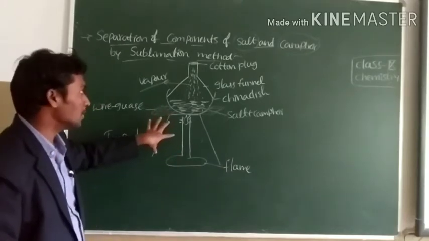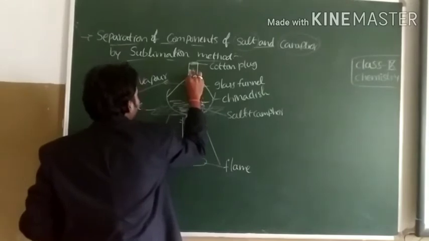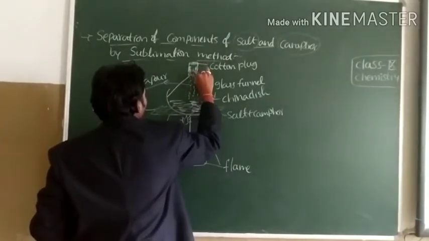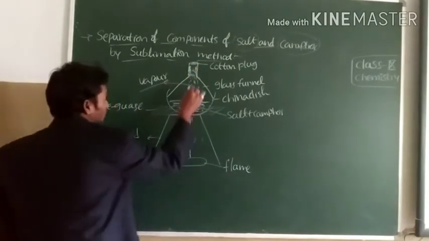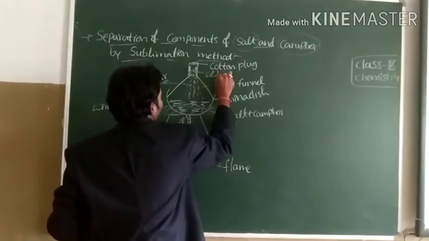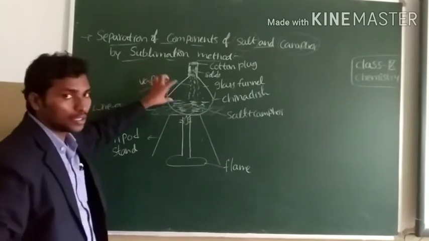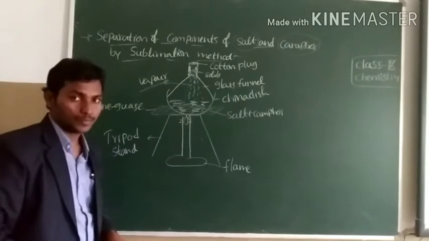After some time, we notice that there is a deposition of solids over the walls of the glass funnel. This is nothing but solid from the vapor. We notice deposition of the vapor form of the component over the walls of the glass funnel.